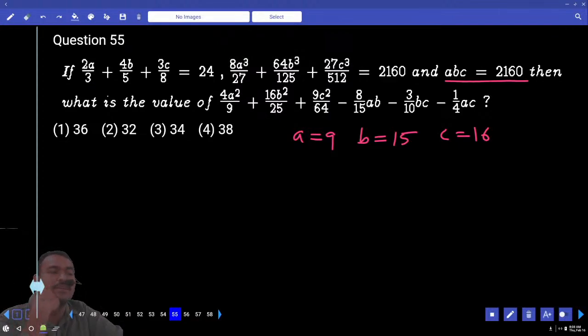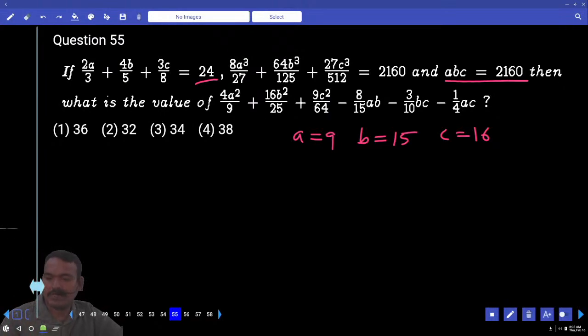Next, 2160 ends with 0, so one value must be a multiple of 5 or 10. 10 is not possible, so either 5 or 15 is taken. If you take 5, we get a lesser sum; if we take 15, we get a larger sum.